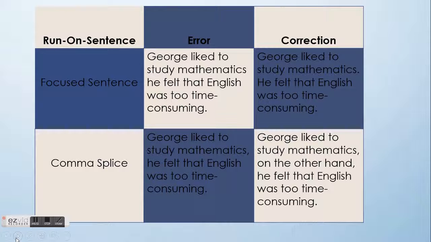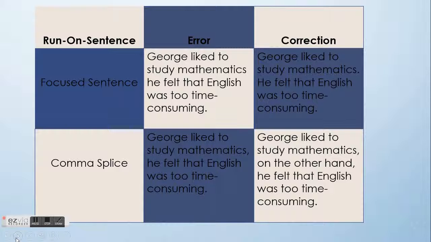For the comma splice, we have George liked to study mathematics, comma, he felt that English was too time consuming. For this run-on sentence, it can be fixed by adding basically a phrase that will conjoin these two ideas.